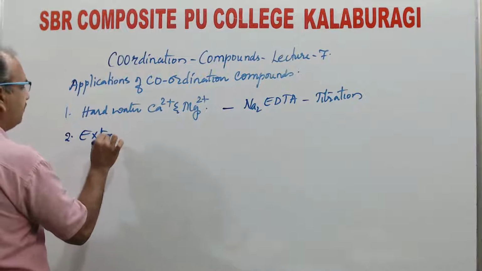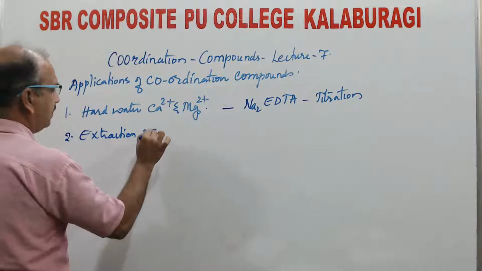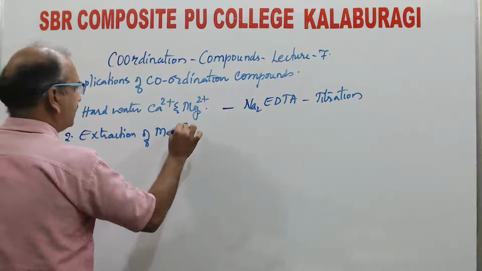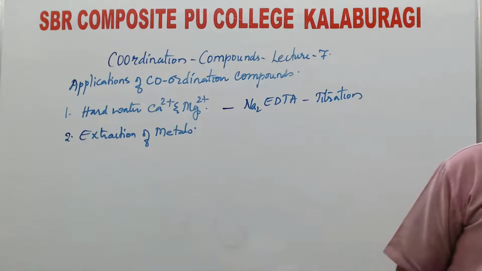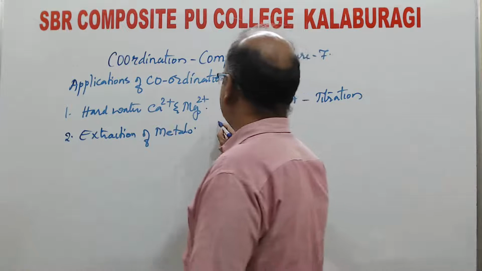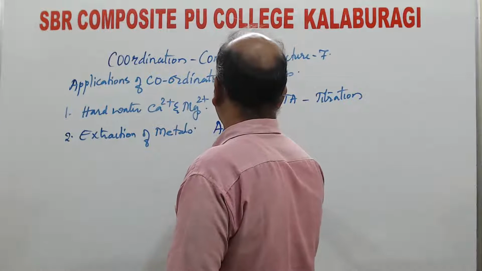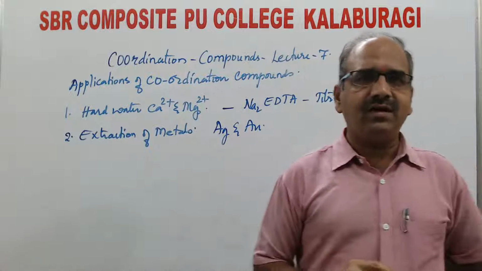In the extraction of metals also you require a complexing agent. Silver and gold especially. These go by the complex leaching method we have learned.